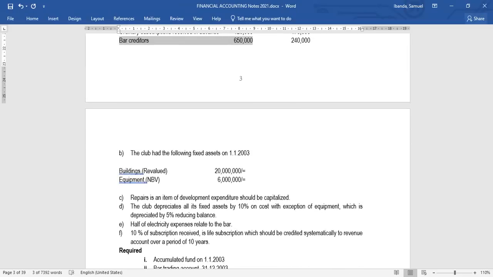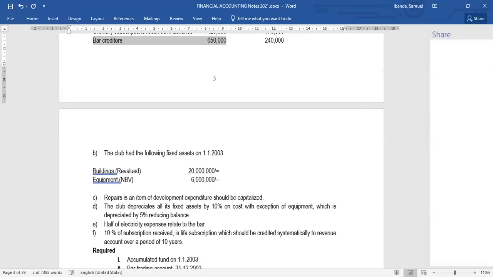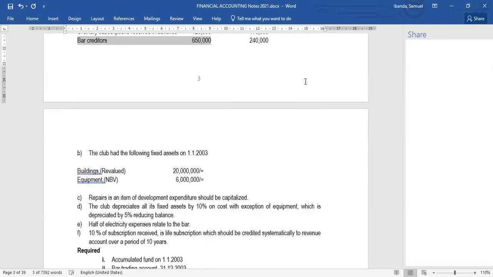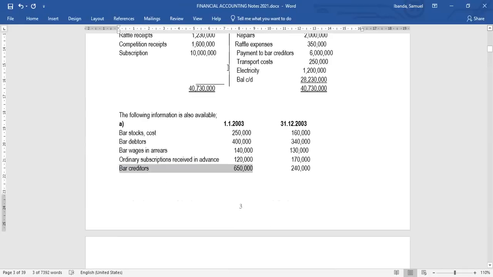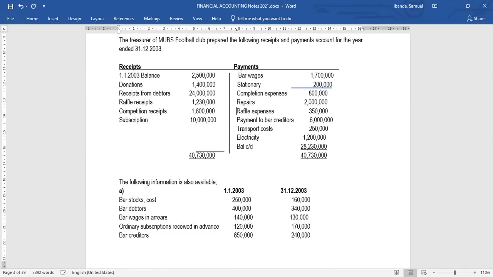Now I don't have any other liability, but look at the receipts and payments account here. There are cases when instead of having an opening balance on this other side as your balance brought down, you can get an opening balance on this side.